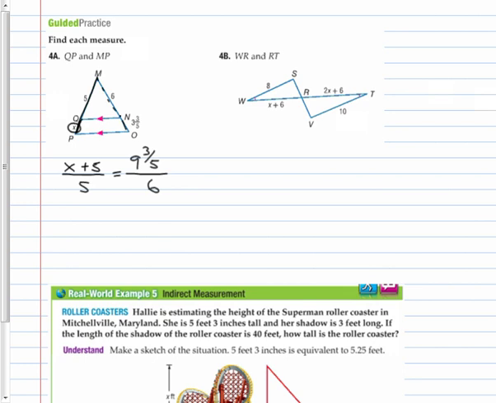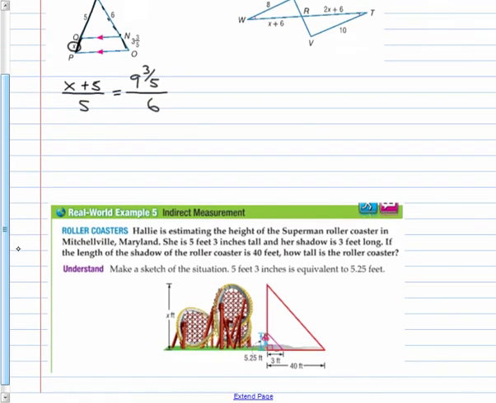Now we need to find the cross products. Before I find the cross products, I really don't like mixed numbers. Change this to improper. 5 times 9 plus 3, what do you get? 48 fifths. 5 times 9 is 45, plus 3 is 48. I'm going to call this 48/5.